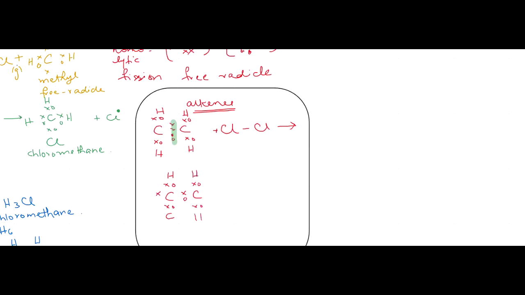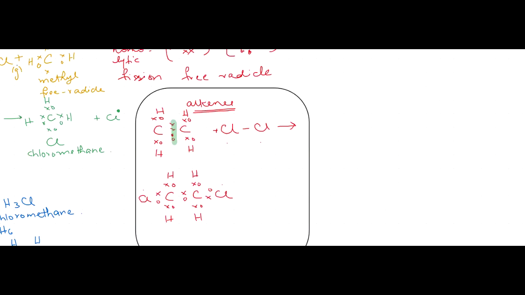Since they both have one free electron, that one free electron can easily make a covalent bond with the chlorine. One chlorine atom will come here, one chlorine atom will come there. Okay? And this is what the final structure is going to look like.